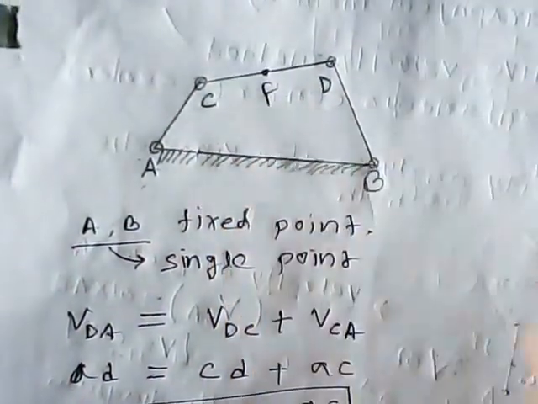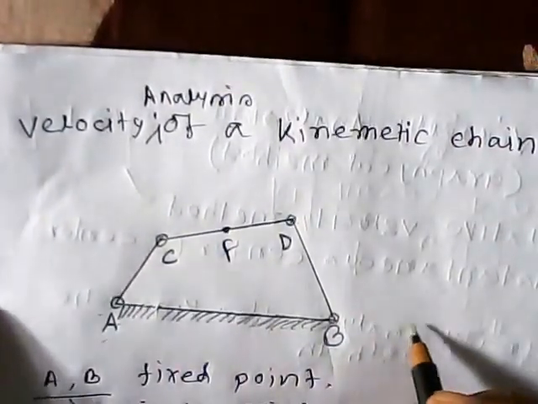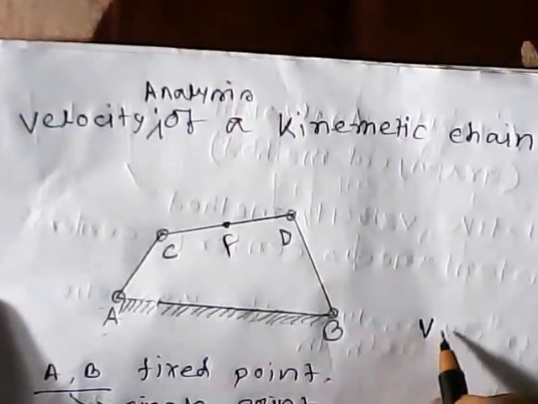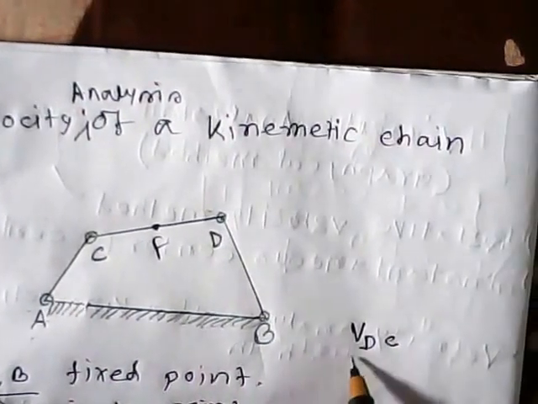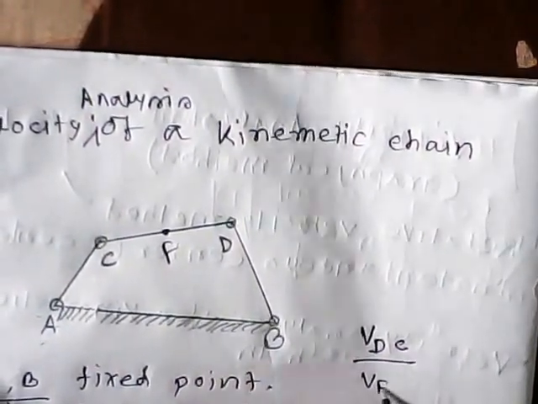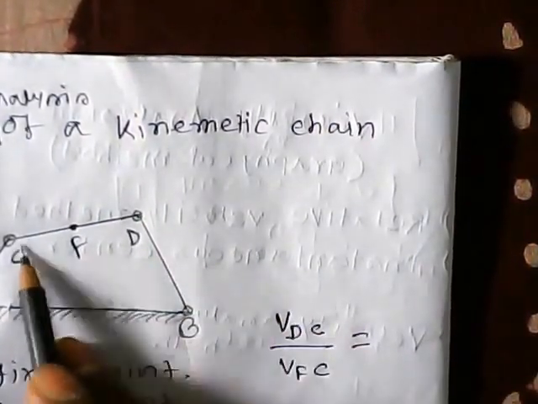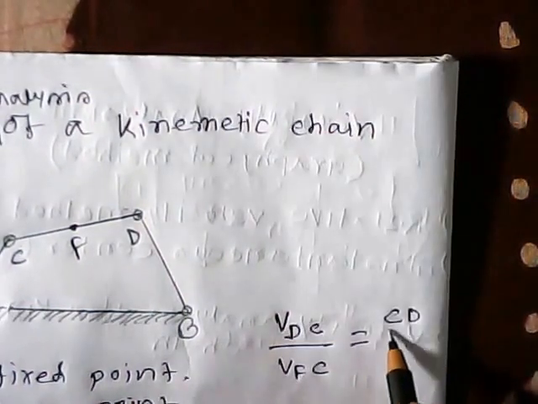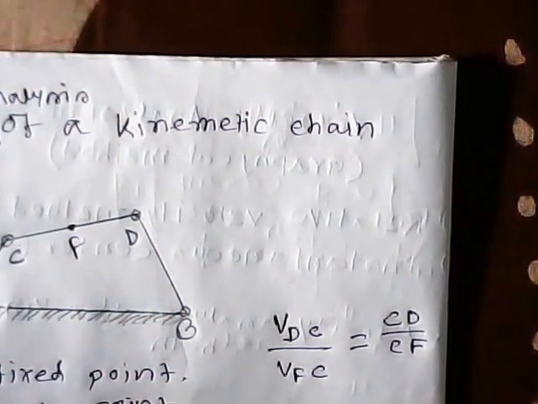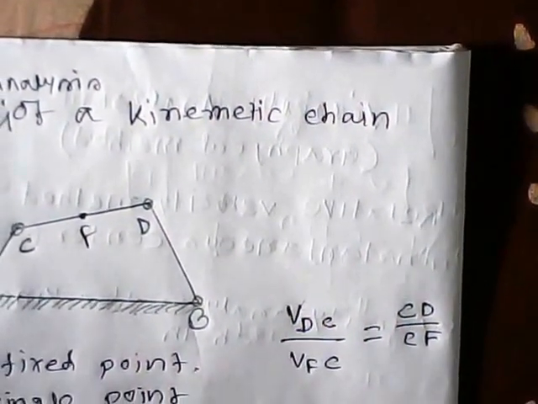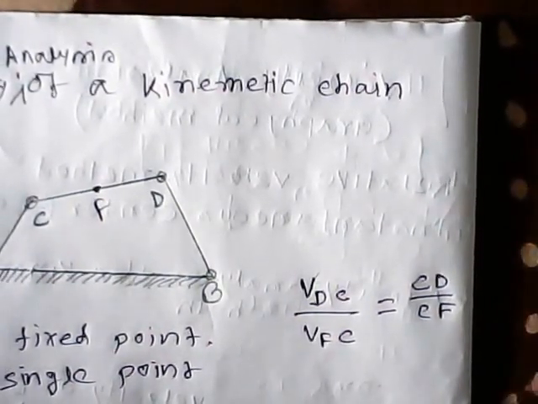Now we have to find out the velocity, suppose, on the link CD, and the point is F. So velocity of DC divided by velocity of FC equal to CD divided by CF. So from here we can find the velocity of F with respect to C.